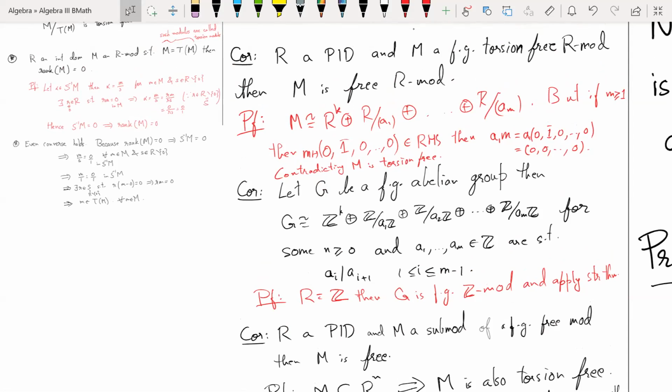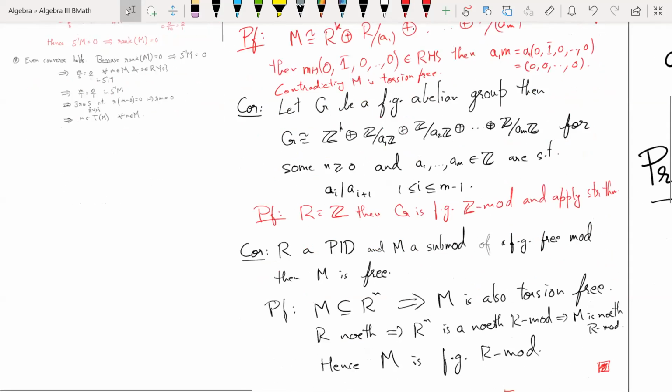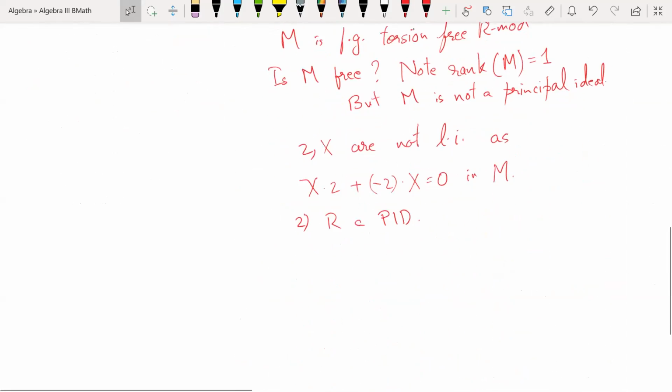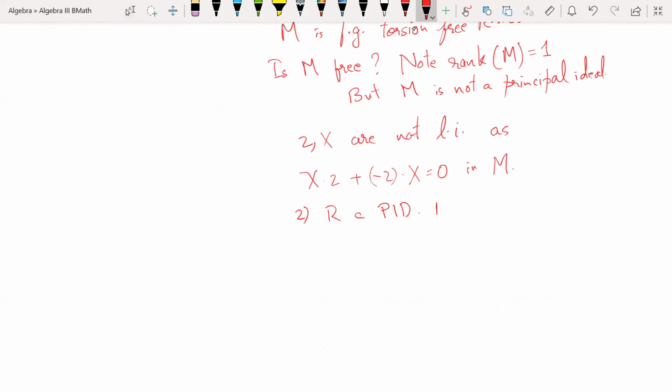For a module over an integral domain to be free, it must be at least torsion free, because free modules over integral domains are torsion free. But is torsion free enough? So R a PID, M torsion free. Does that imply M is free? I've dropped the assumption that M is finitely generated. Is this true?